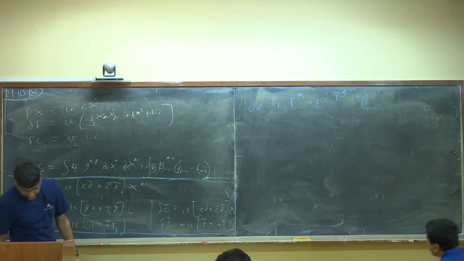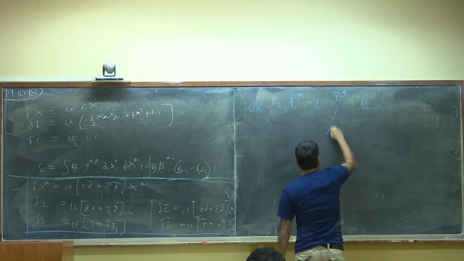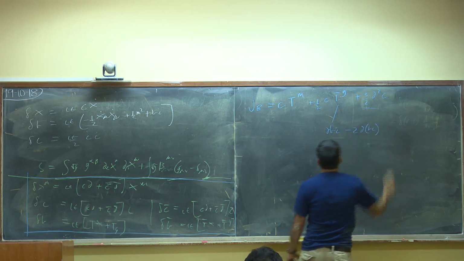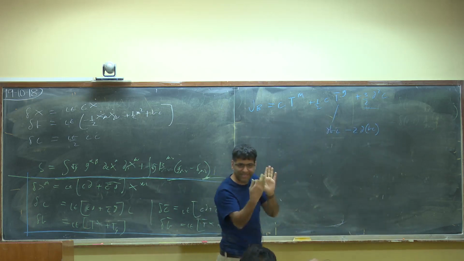Del b c minus lambda del(bc), and lambda was 2. So this T ghost was del b c minus 2 del of (bc). Everywhere, by the way, everything's conformal and normal ordered. I'm not writing that, but that's always understood.